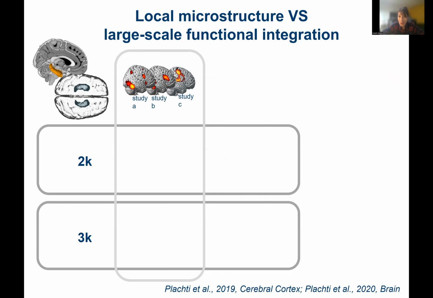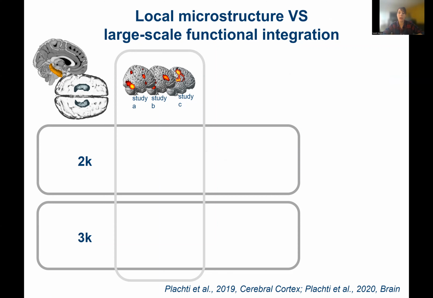However, there are also a lot of divergences. And actually, these divergences reflect the fact that local microstructure versus connectivity features reflect different principles of organization of the brain. So we should not a priori look for a perfect convergence between the two, because the different approaches probe different aspects of brain organization. And I will illustrate this point here with the hippocampus.